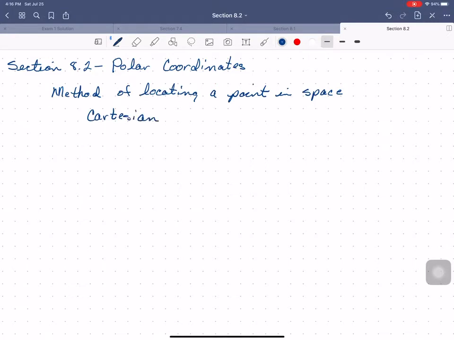And when we use Cartesian coordinates, we specify an x, y, which really means that we are talking about the distance a point is from the origin, the fixed point, in terms of horizontal and vertical displacement.